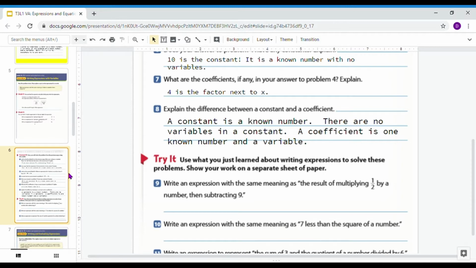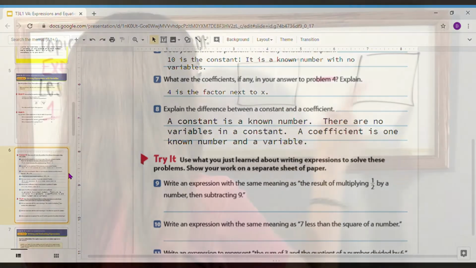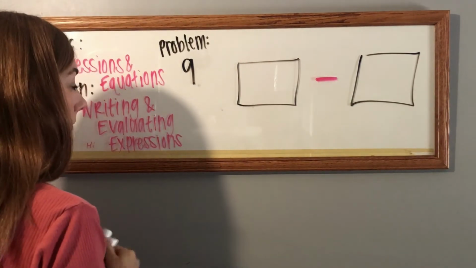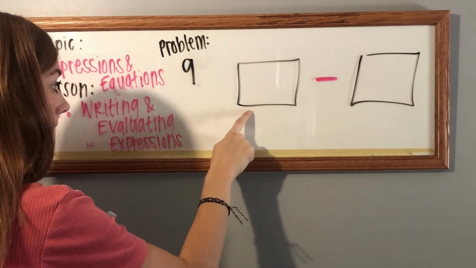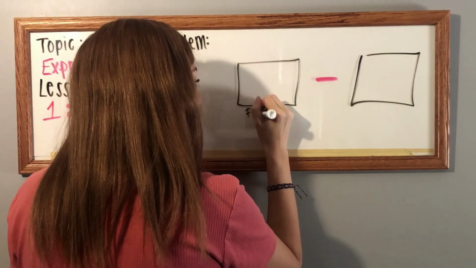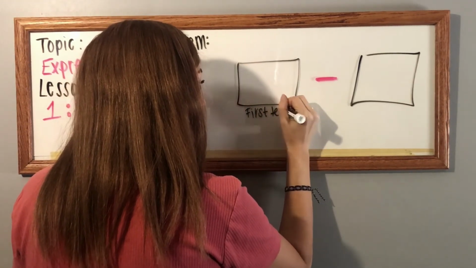In this case, they're telling me again, and I can see that the operation I'm going to use is subtraction because they say subtracting. That's my keyword. So I'm going to put that subtraction sign first, and then I have to think about my first and my second terms. Instead of saying subtracting from a number, this one just says then subtracting 9.